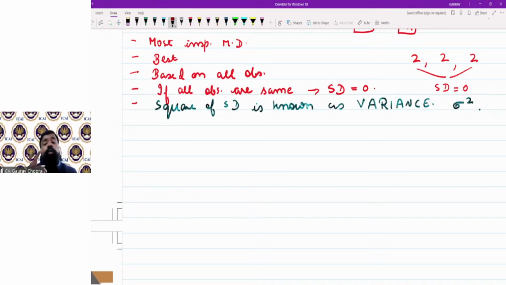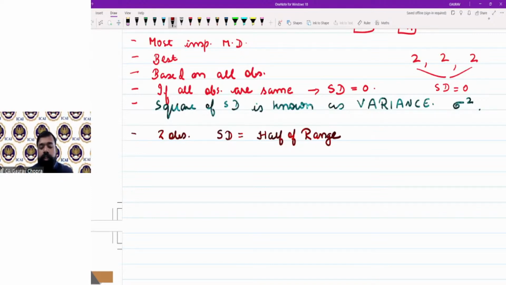Now, in case of two observations, how can we find standard deviation? There is a shortcut formula for that. In case of two observations, standard deviation is equal to half of range.